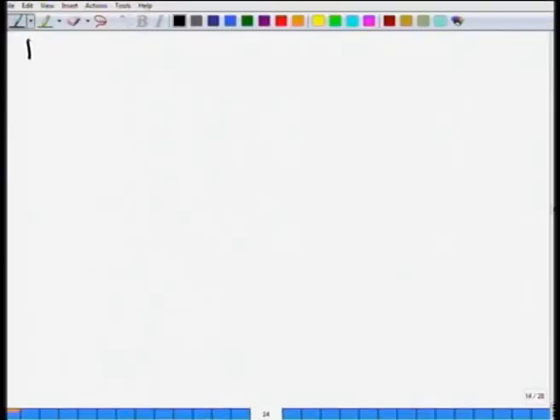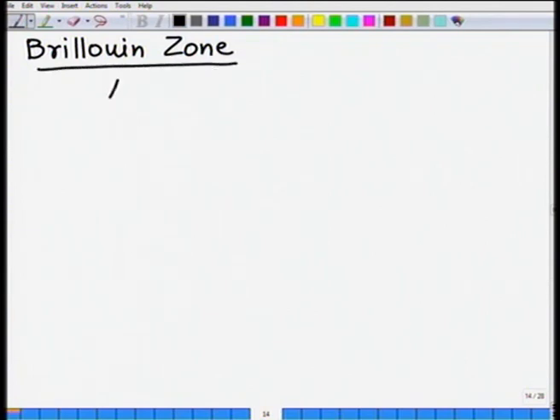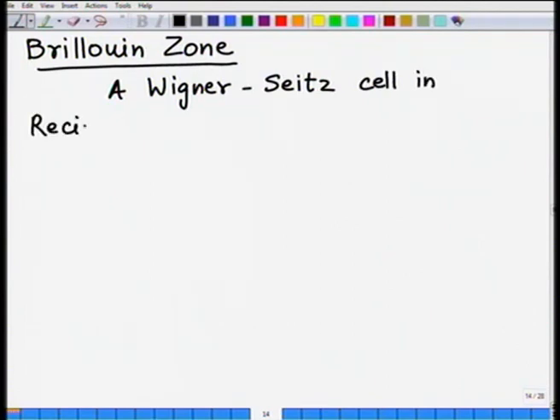Brillouin zone, remember, as I have gone along, I have already defined what it is: a Wigner-Seitz cell in reciprocal lattice.